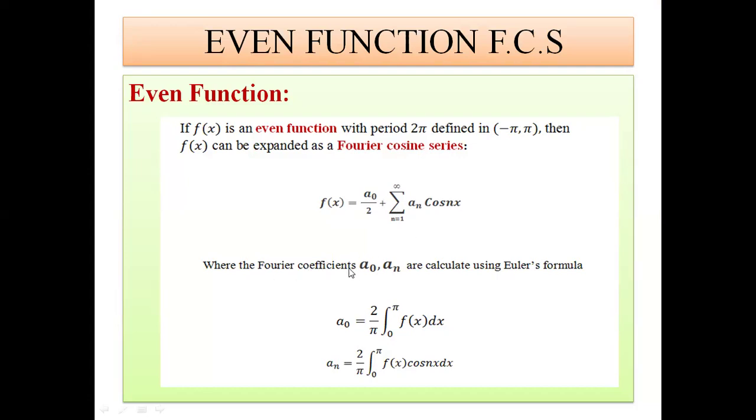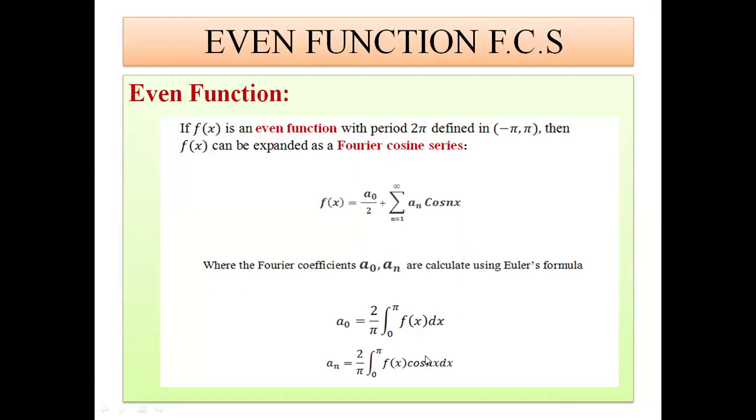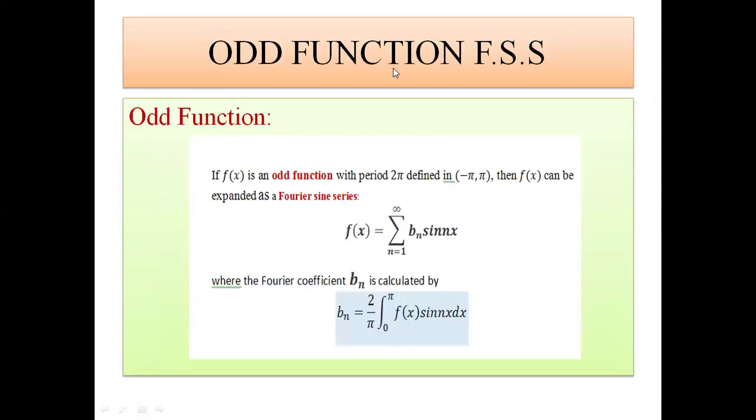The Fourier coefficients a naught and a n are calculated by Euler's formula: a naught is 2 by pi integral 0 to pi f of x dx, and a n is 2 by pi integral 0 to pi f of x cos n x dx.